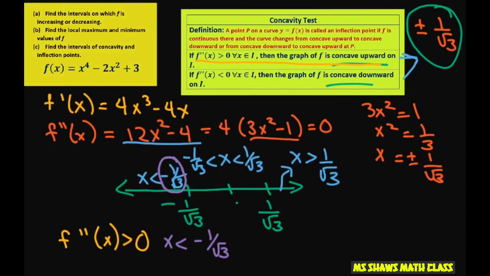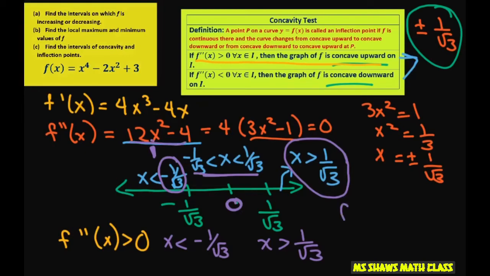It's also going to happen here. If I plug in a number bigger, then just say I plug in 1, that's also going to be positive. So that's going to be x is greater than 1 divided by square root of 3. If I plug in 0, in between here, I get negative.